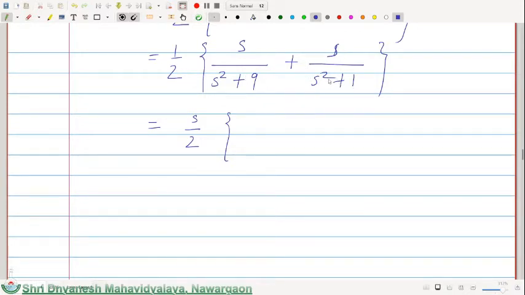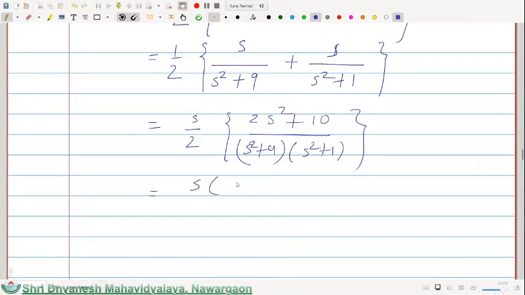Add these two fractions, you will get (s square plus 1 plus s square plus 9), that is 2s square plus 10, upon (s square plus 9)(s square plus 1), which results into this 2, and the 2 taken common out from this addition, you will get s into (s square plus 5) upon (s square plus 9)(s square plus 1).